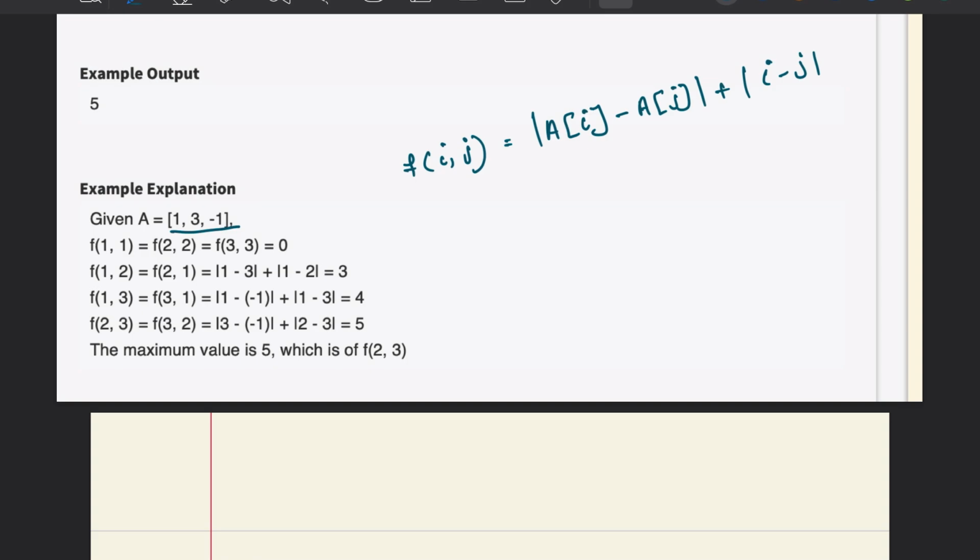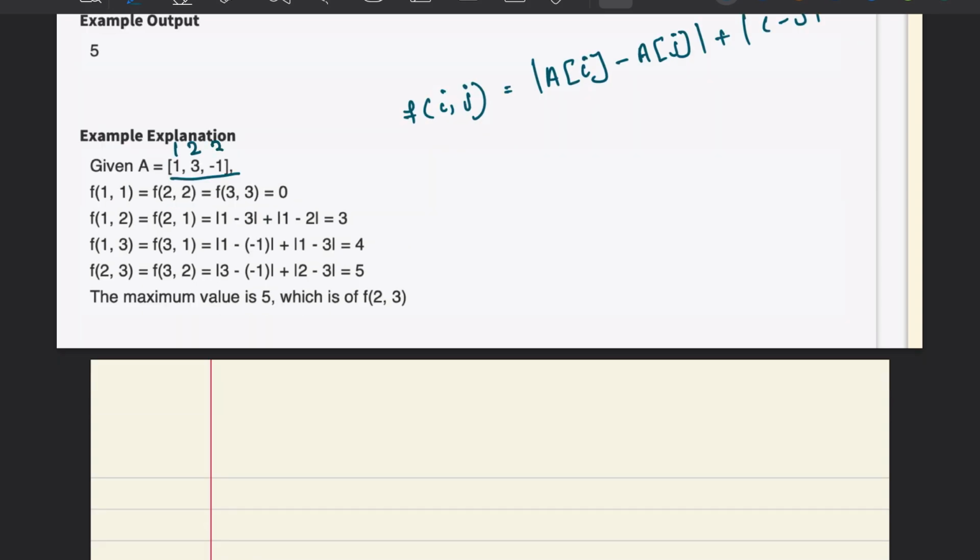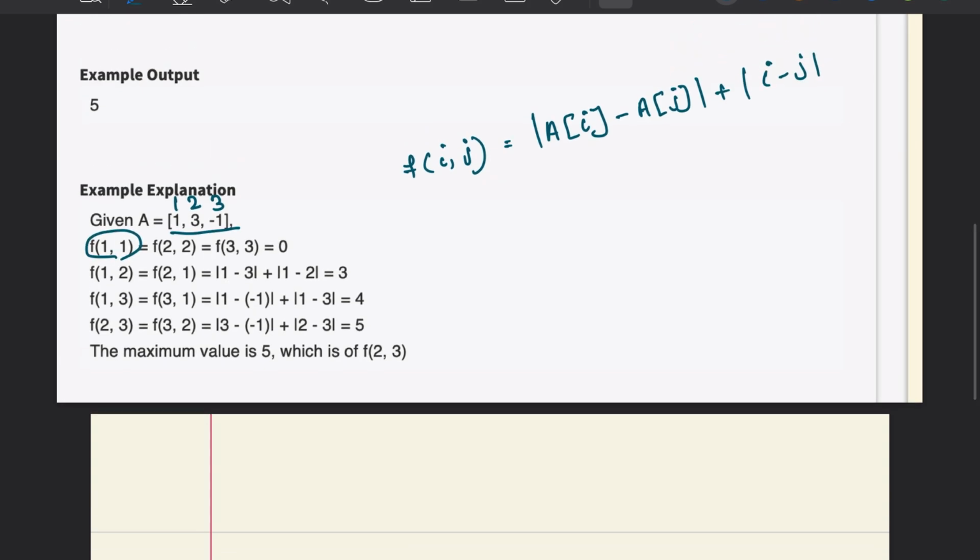So here f(1,1), and here we have indices 1, 2, 3. So f(1,1), f(2,2) and f(3,3) are all 0 since it is equal. A[i] minus a[i] will be 0, and i minus i, the same index, will be 0. So if it is the same index, i equal to j, then it will be 0.